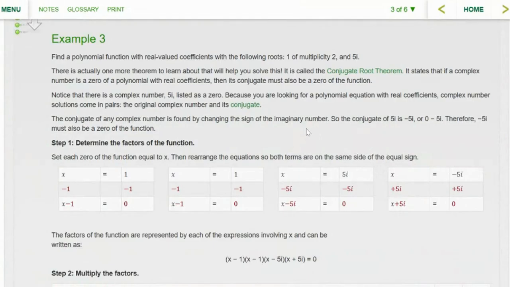Oh, and this is one I was wanting. I said I want to find a good example, so I'm glad I waited. Roots: 1 of multiplicity 2 and 5i. Oh my, okay, let's switch over to our paper.